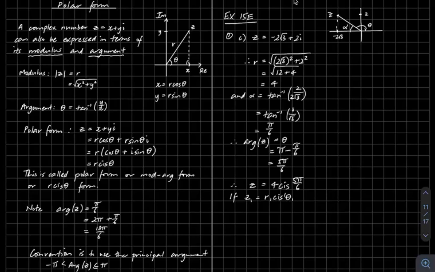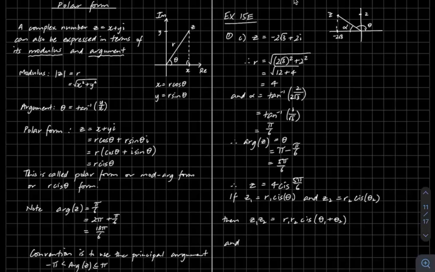We'd say Z1 is R1 cis theta 1, and the second complex number Z2 had a modulus of R2 and an argument of theta 2. Then the product of Z1 and Z2 would be given by taking the product of the two moduli, and the argument would be the sum of the two arguments of those numbers.